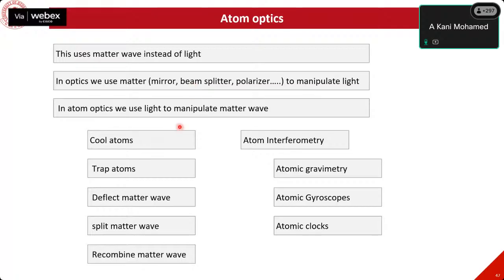And similar to optical interferometry, this interferometry is also very useful to make something like an atomic gravimeter, atomic gyroscope, atomic clock, and there are many things that can be exploited by using atomic interferometry.